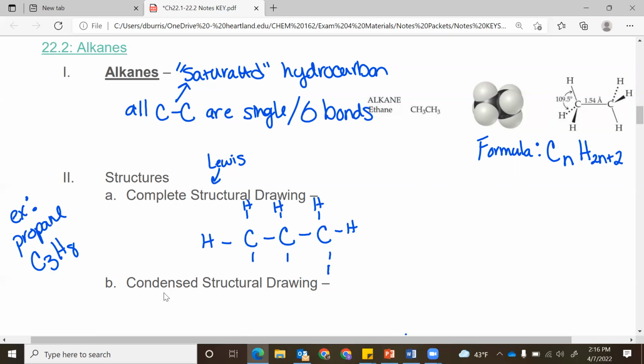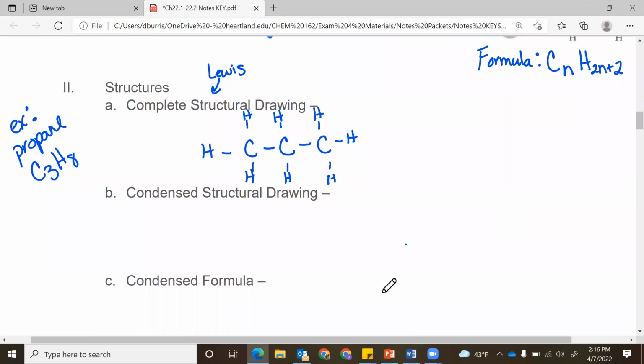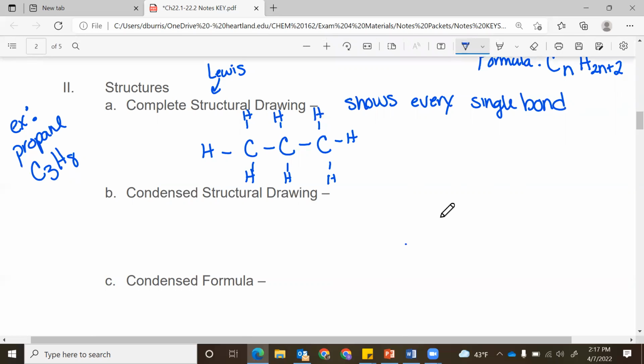It has as many hydrogens as possible. This is propane, and this is the complete structural drawing. A complete structural drawing shows every single bond. Like a Lewis structure, we draw out all the bonds.